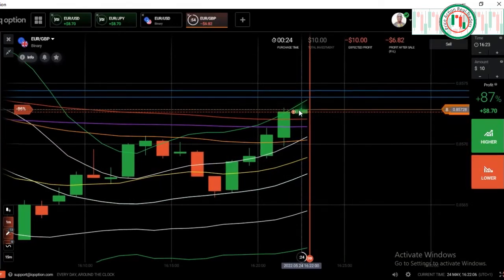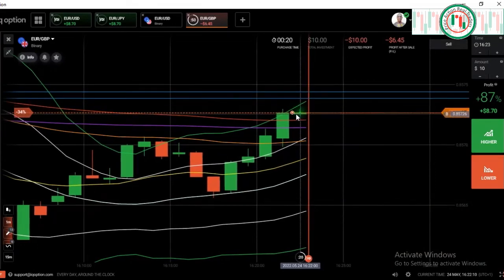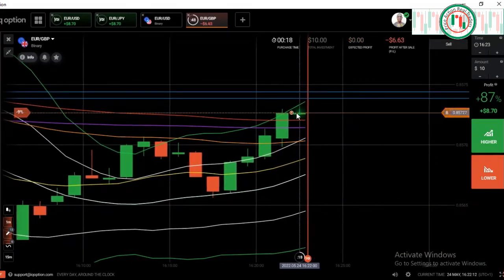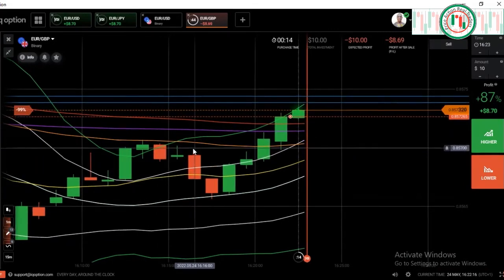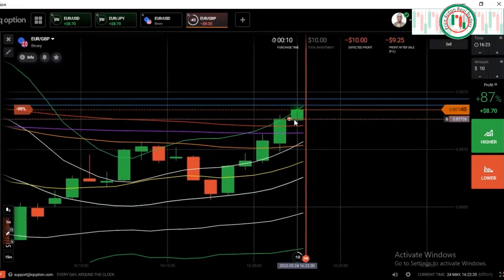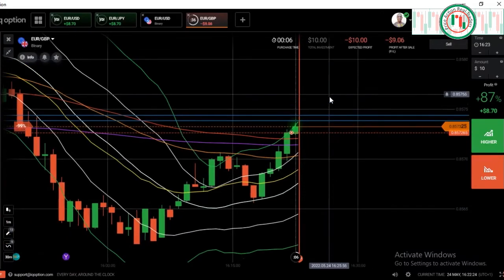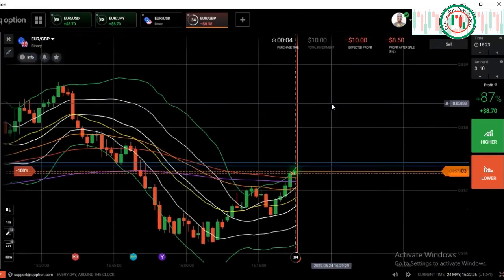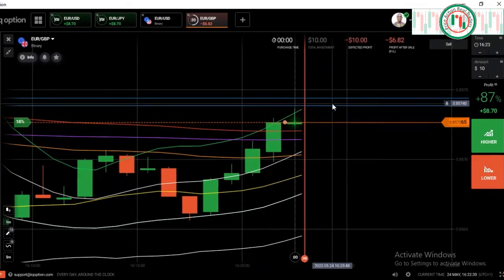Even though it's strong trend, I know market must reverse here, because you see breakout of this zone and the breakout again here, so market must reverse here. So definitely market must reverse here.